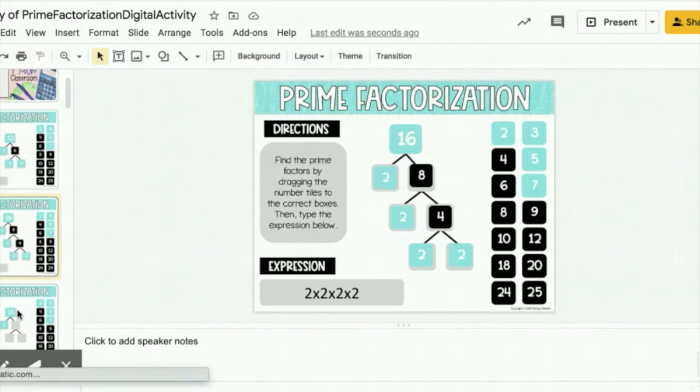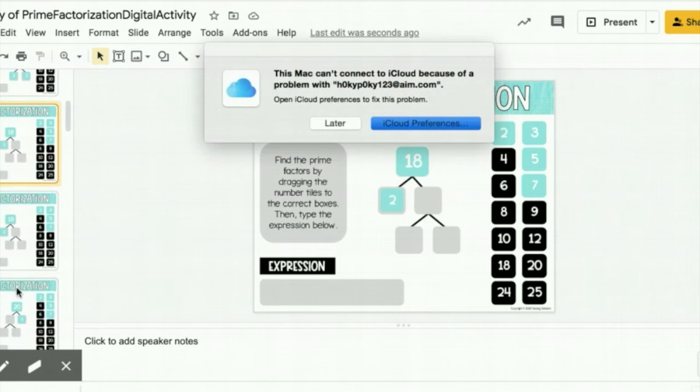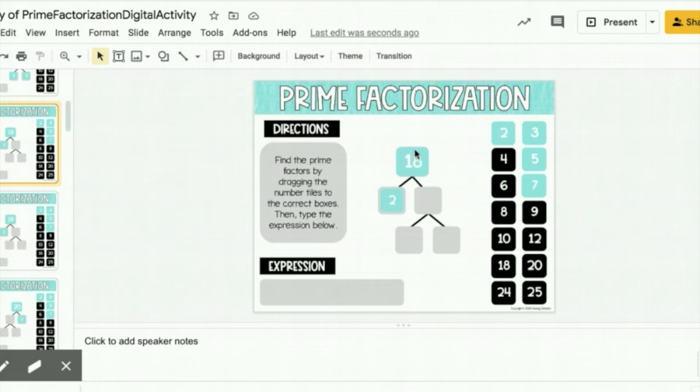All right, now we have 18. So 18 is being split up, right? 18 is not prime. They've split it up into 2 times something is equal to 18. Well, I know that 2 times 9 is equal to 18, right? So 2 is prime, so it stops there. 9 is not prime, so I've got to split it up again.